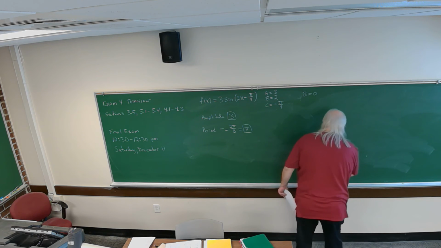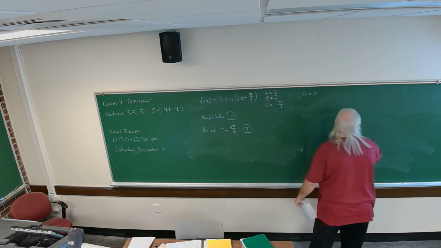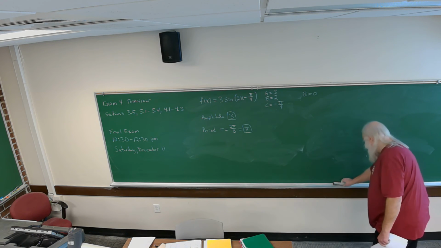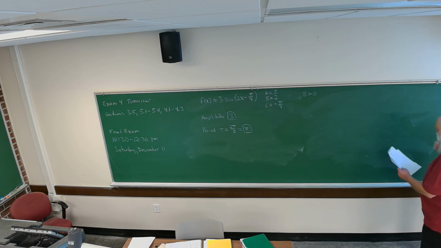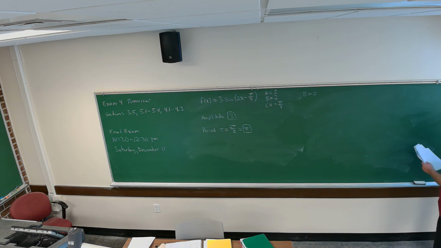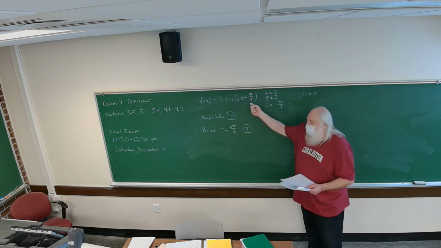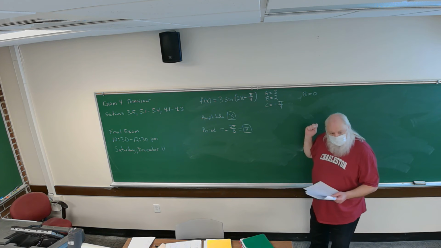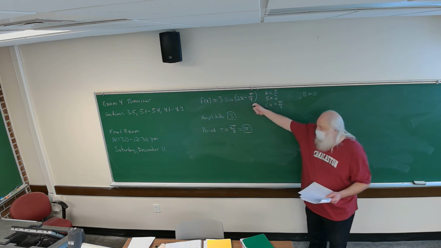So we know what the graph of y equals 3 times the sine of 2x looks like, right? We have that on page 5. What we got to do now is shift that graph either to the left or to the right to get the graph of this function.